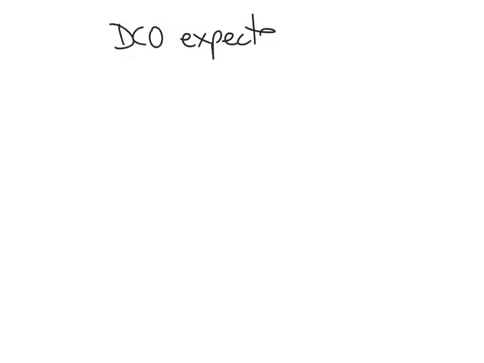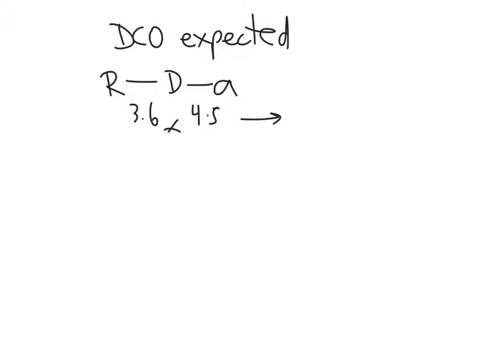And you can do that just by taking the product of each of the distances between the R, D, and A alleles. If the distance at this point is 3.6 map units and the distance here is 4.5 map units, you'd expect that the number of times you get a double crossover is the product of each of those.